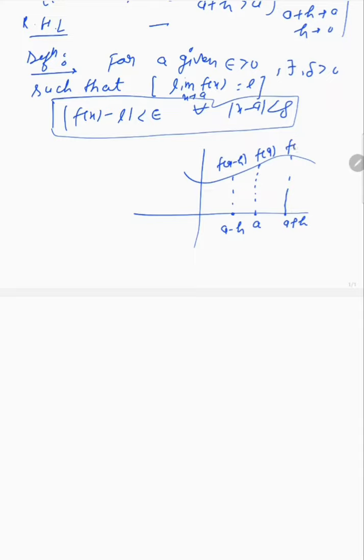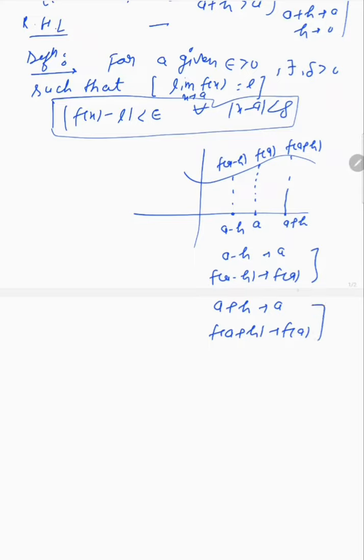As a minus h goes to a, f of a minus h goes to f of a, and similarly as a plus h goes to a, f of a plus h also goes to f of a. So there is one approaching value and a second approaching value. These two approaching values are called the left hand limit and the right hand limit for a given function.